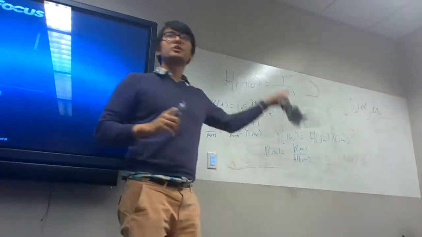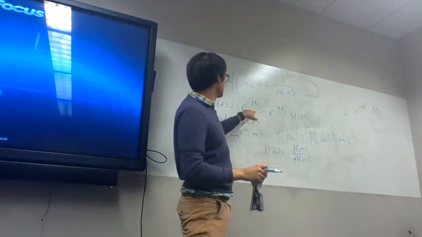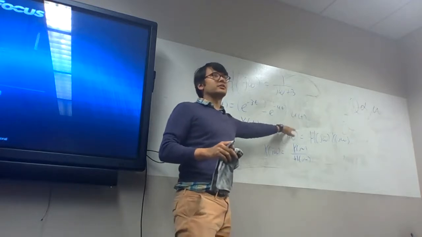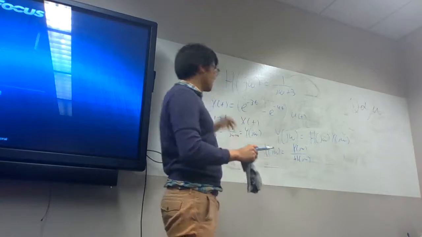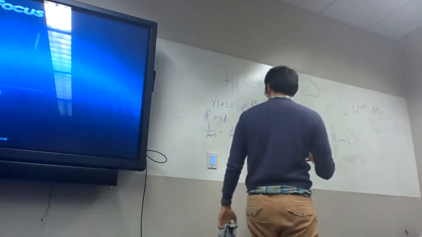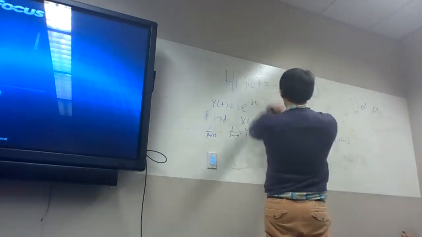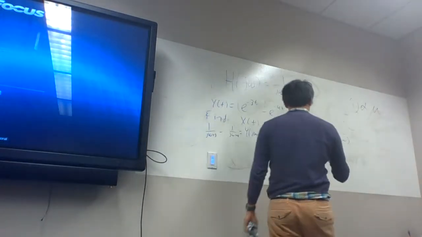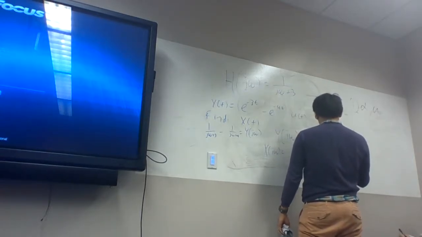So that is y of j omega, and you should be able to just read that off by inspection, because the little table says this thing goes to that, and this thing goes to that. So then we have 1 over j omega plus 3 divided by 1 over j omega plus 3... so it's j omega plus 3 over j omega plus 3.